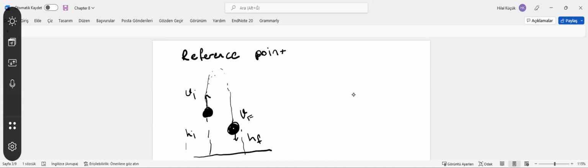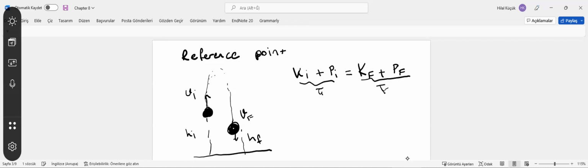Just I want to show K initial plus P initial equal, this is total energy in its initial state, and total energy in the final state. Just you can write this one.